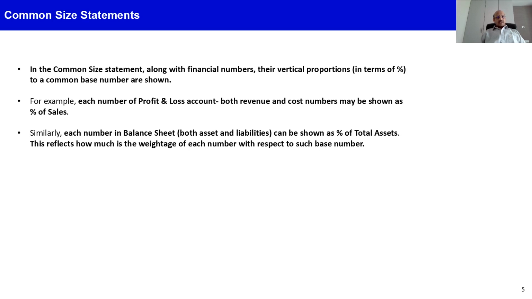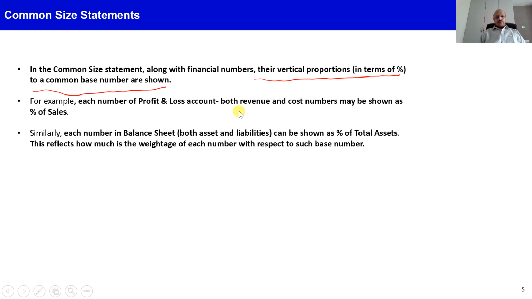So in common size statement, what we do, we compare the vertical proportions of each line with respect to a common base number. For example, each number of profit and loss account can be compared with sales numbers.